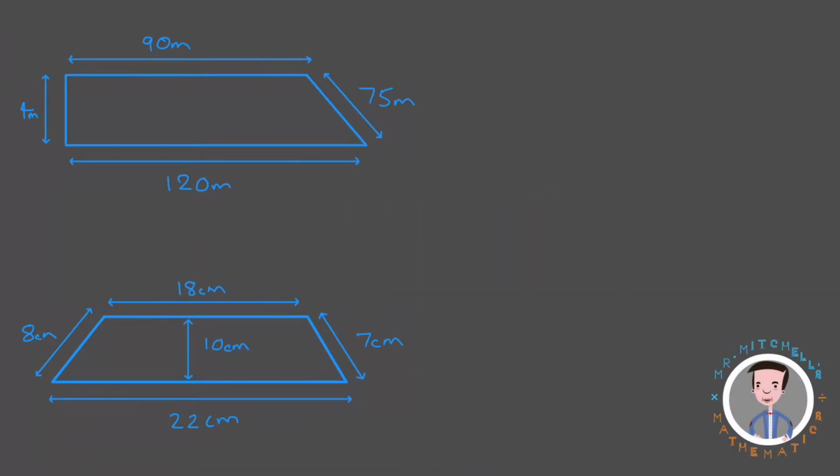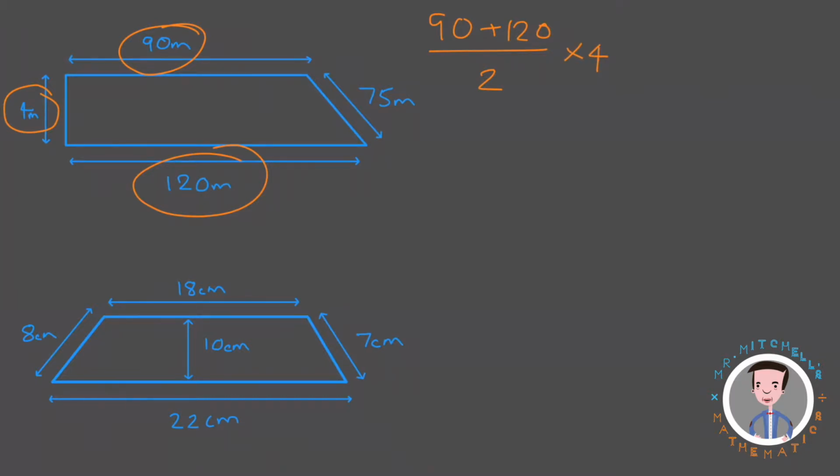Okay, so for the first one, the 90 meters and the 120 meters are the two parallel sides. So we do 90 plus 120 divided by 2, and we times it by 4 meters, which is the height between them, times by 4. 90 plus 120 is 210 divided by 2 times 4. 210 divided by 2 is 105, times 4 is 420.